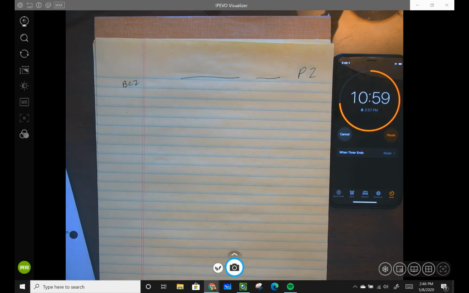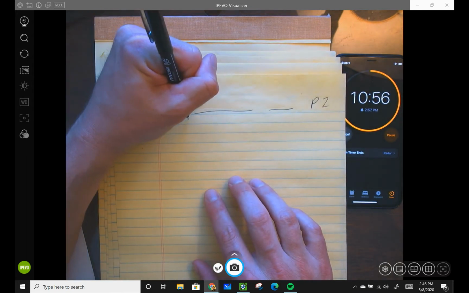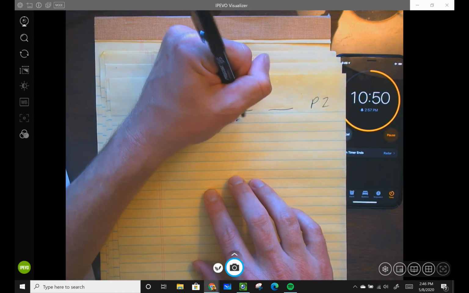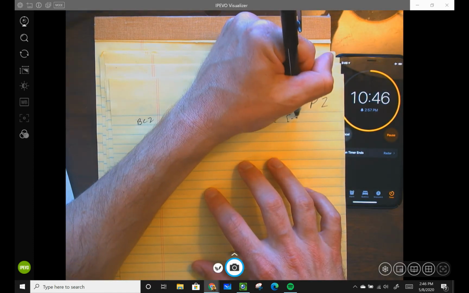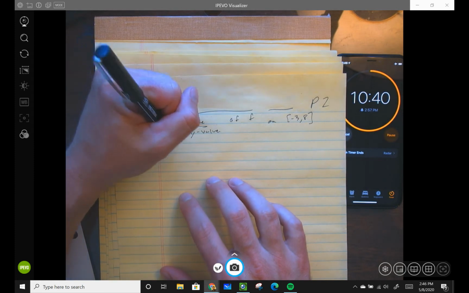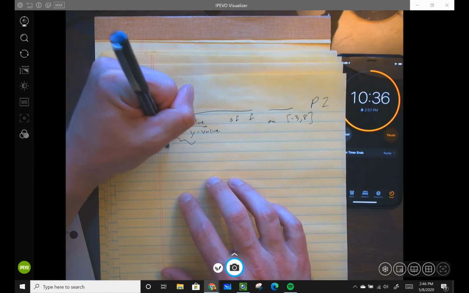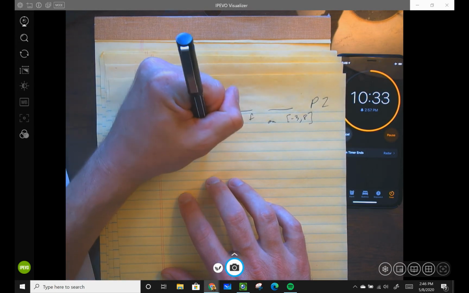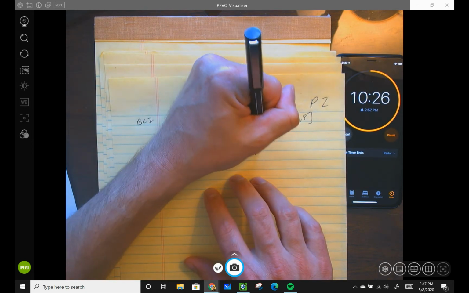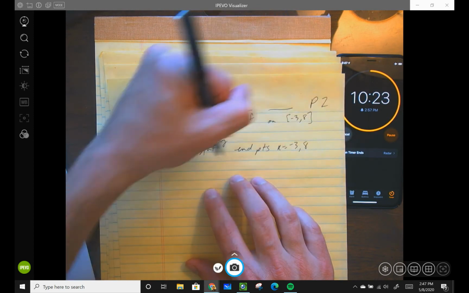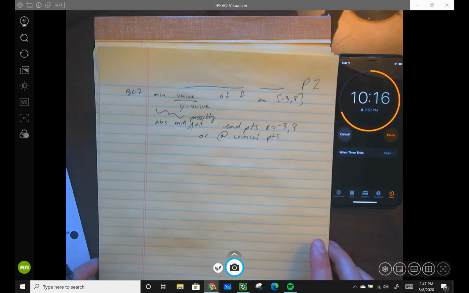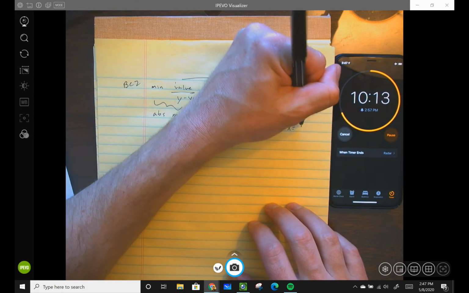Number 2, find the minimum value of f. Minimum value, that's a y value of f on the interval, justify. So that's an absolute minimum, possibly at endpoints, x equals -3 and 8, or at critical points, which is x equals 1 and 6.